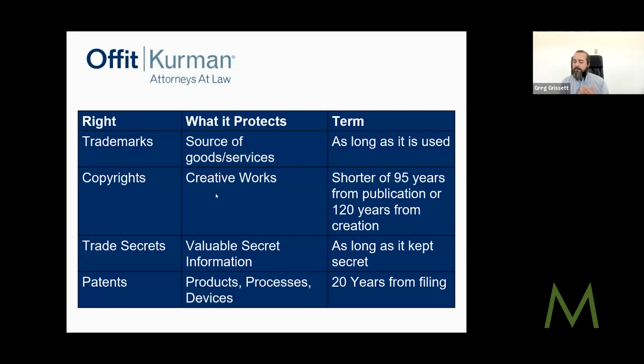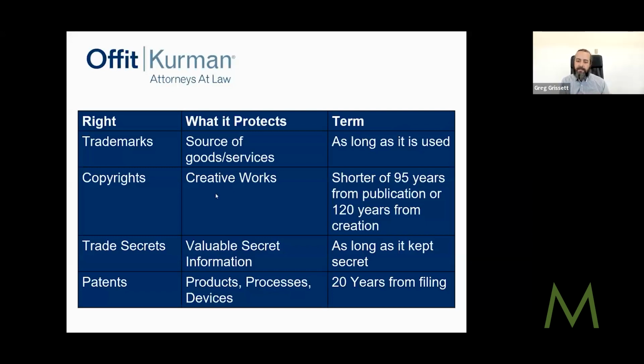There's really 4 types: trademarks, copyrights, trade secrets, and patents. Trademarks are sources of goods or services. It's your brand. It identifies a source. And as long as you're using it in commerce, a word, a logo, a phrase, you have trademark rights in that. And there's different steps you can take to effectuate different trademark rights.